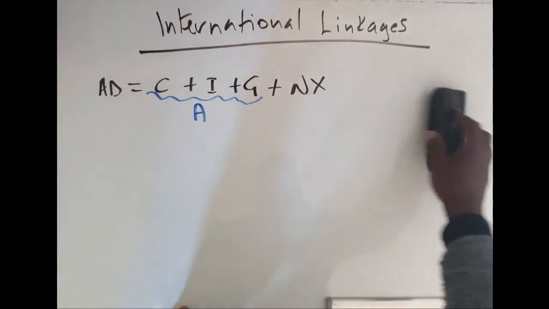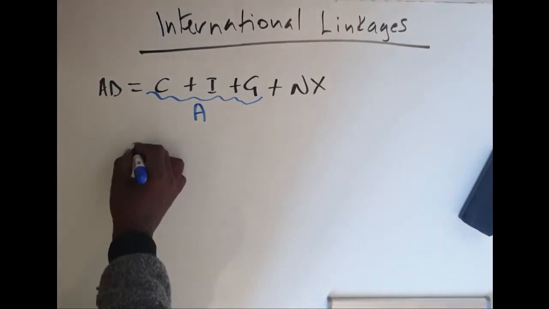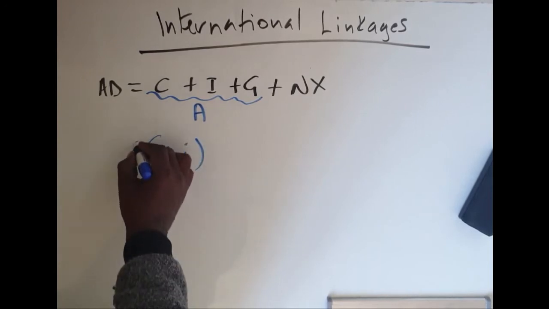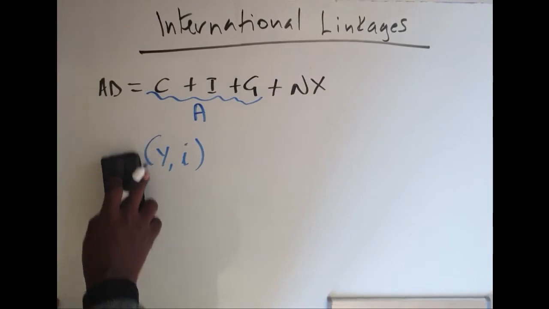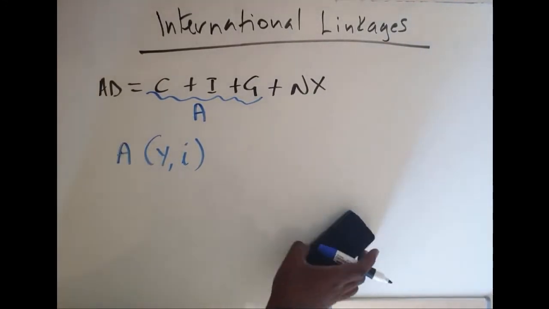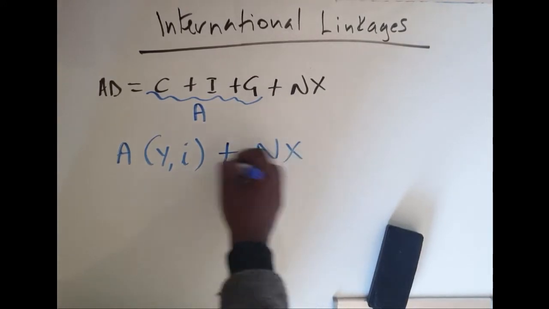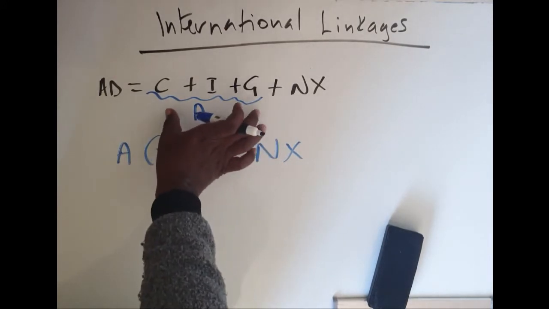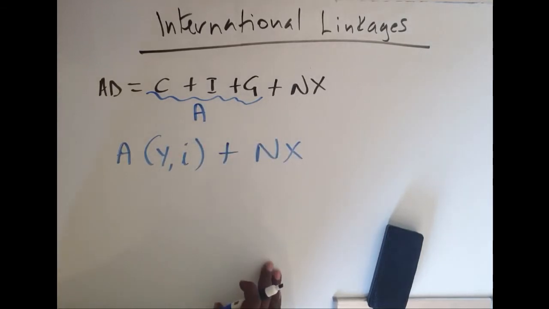So we know that domestic spending, which we are calling absorption, depends on income and interest rate. Now we are saying plus net exports. If you look at this total spending, we're saying absorption or domestic spending plus net exports.